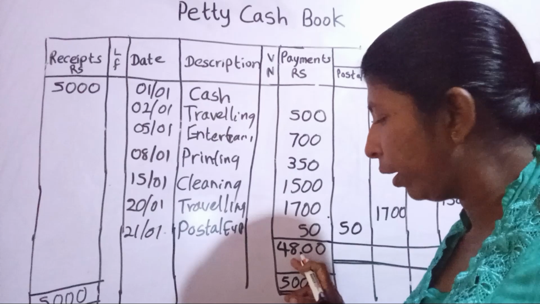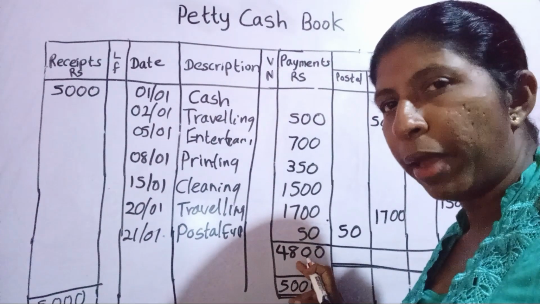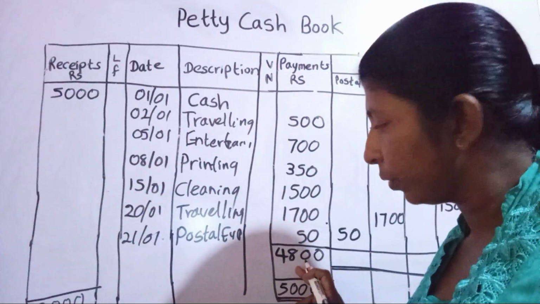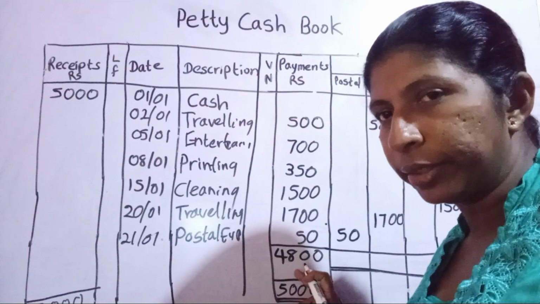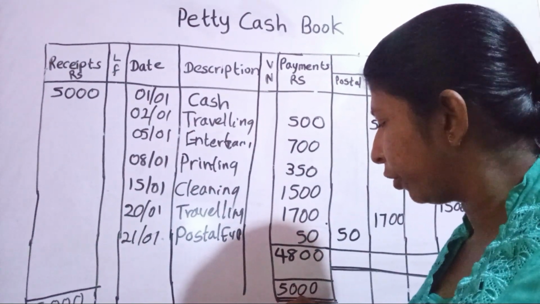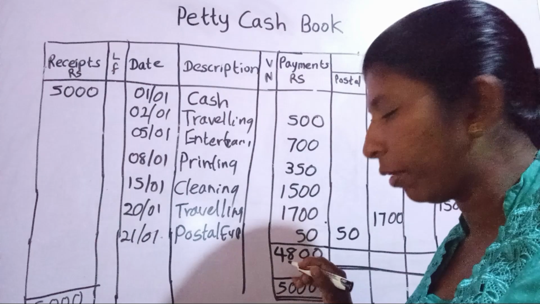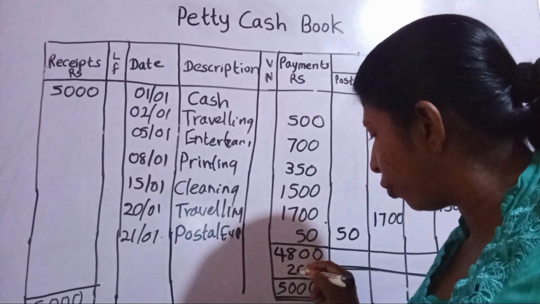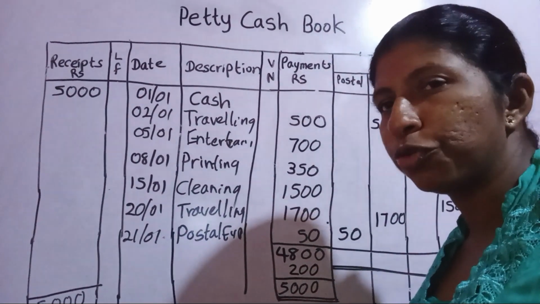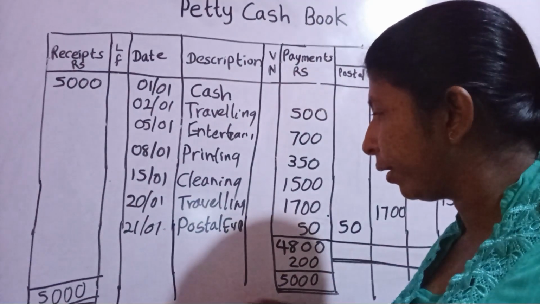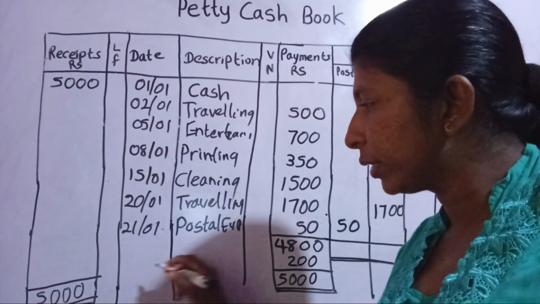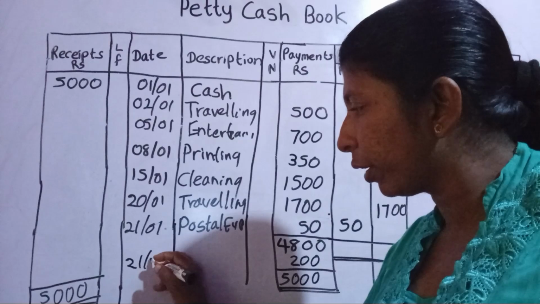Then here you have to get the balance of this column. That means petty cash balance. Here 5,000, here 4,800. It comes to 200. Difference is 200. Therefore 200 is the petty cash balance as at 21st January.